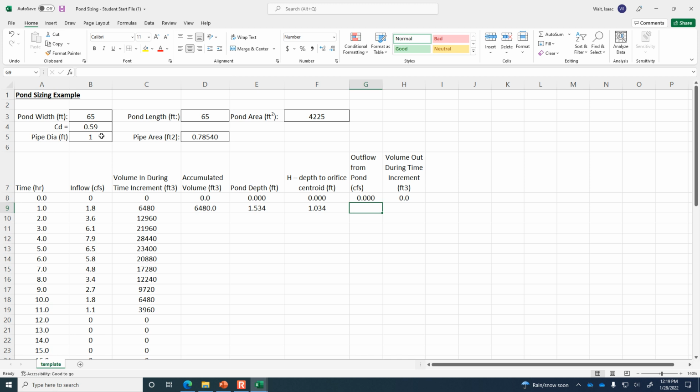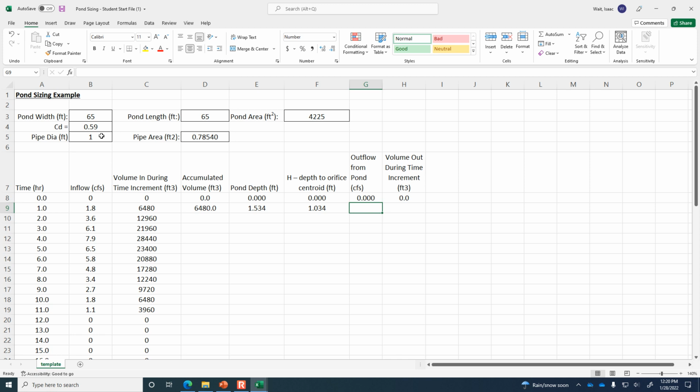What's the name of that formula? Orifice equation. Good. Yep. We're just pretending like this pond is an orifice, has an orifice in the side, which it does. That pipe is effectively an orifice that water is flowing out.